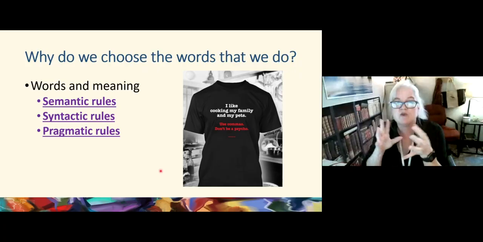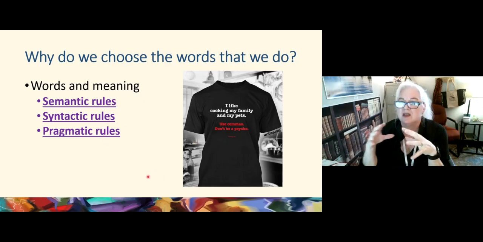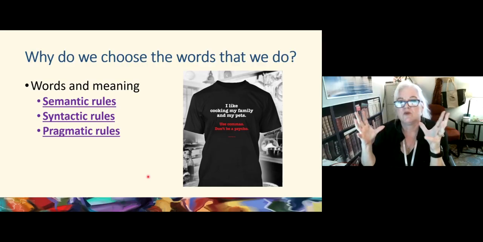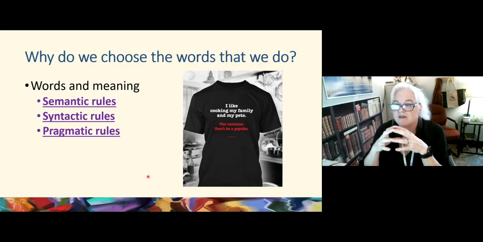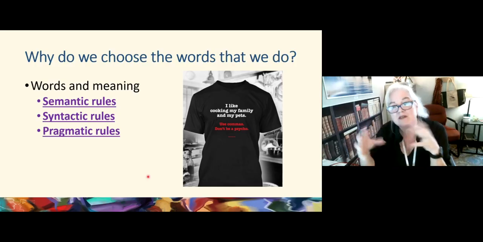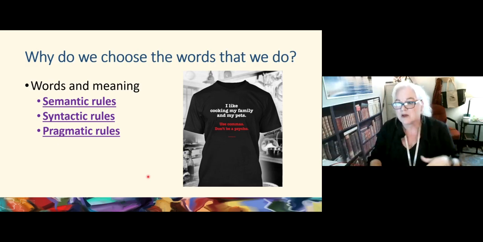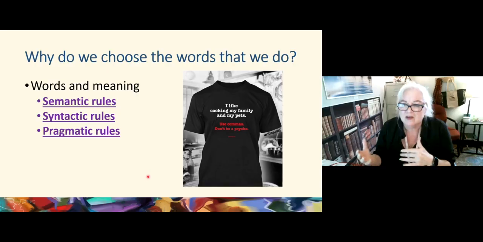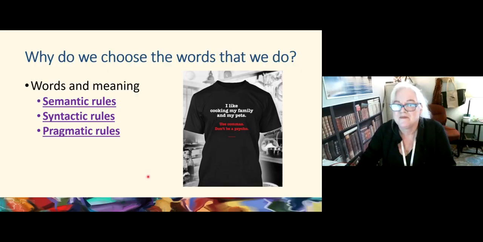So when it comes to the words and meaning, we have three different types of rules usually: semantic rules, syntactic rules, and pragmatic rules. Semantic rules are like the dictionary definition of the word. It's denotation kind of things. But we also have guidelines to determine the meaning of the words, the phrases, how we use sentences in language, and to help clarify how language conveys meaning and resolves ambiguities.